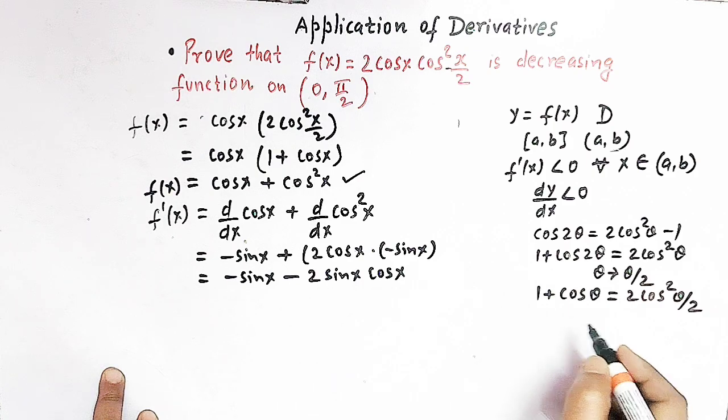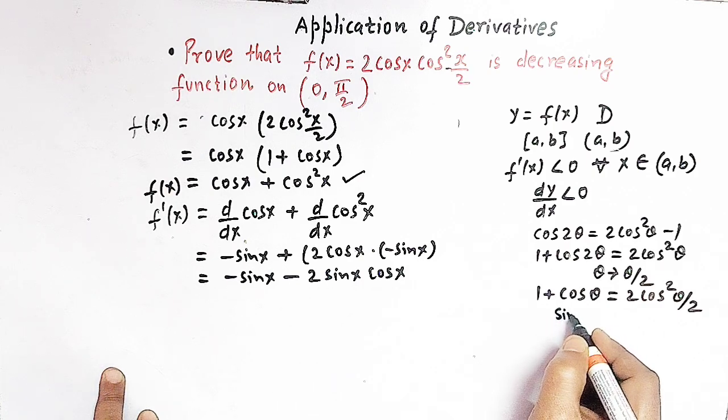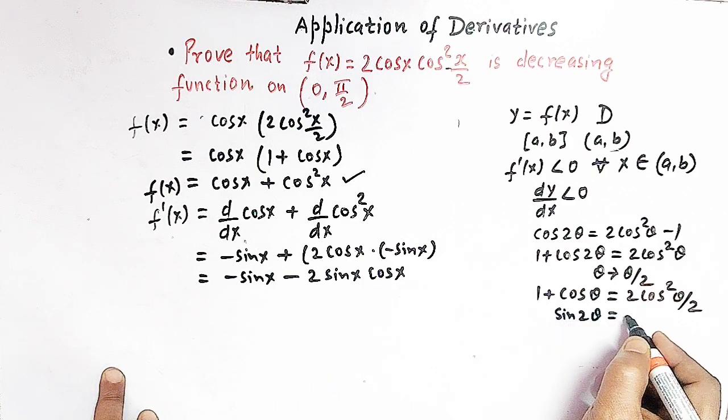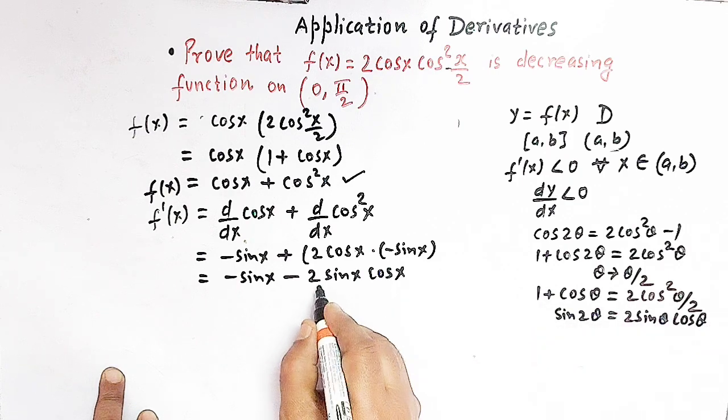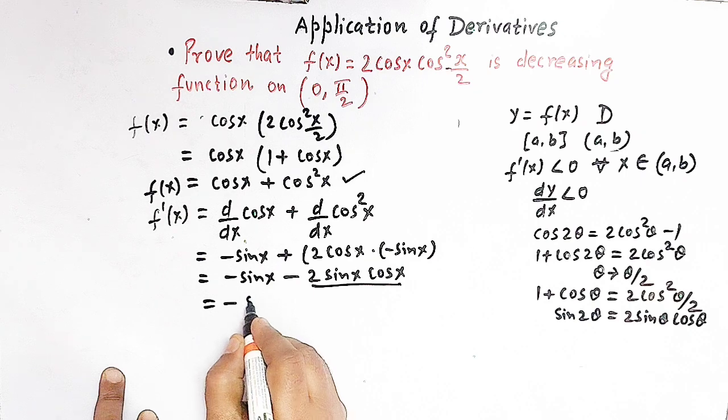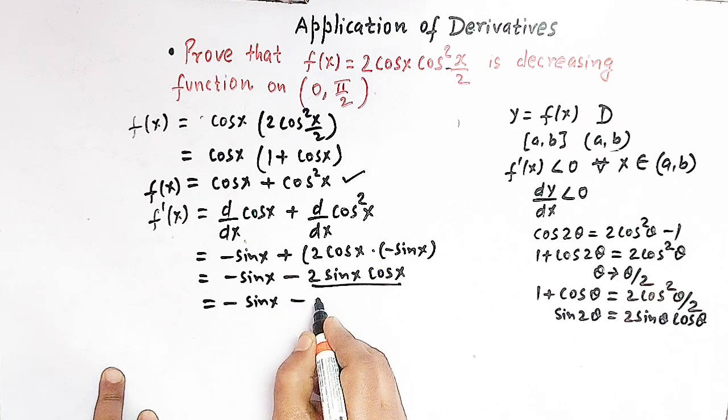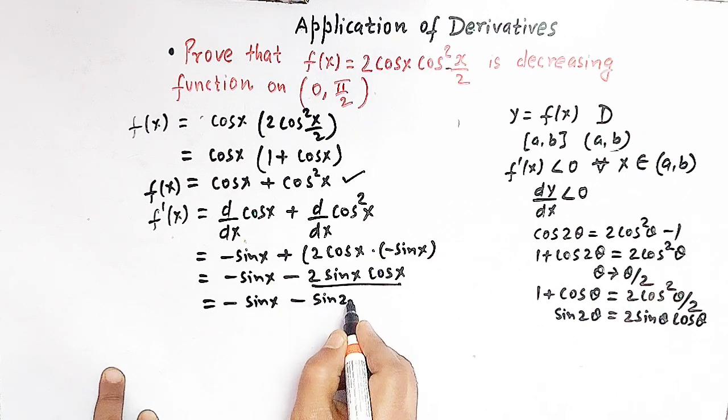So now let us use this identity, that is sine 2 theta is equal to 2 sine theta cos theta. So here we can now write minus sine x, and then we have minus sine 2x.